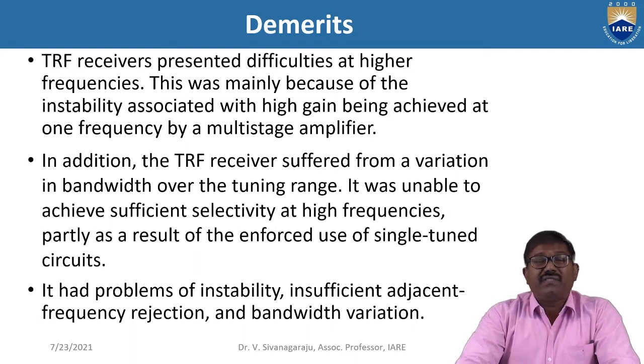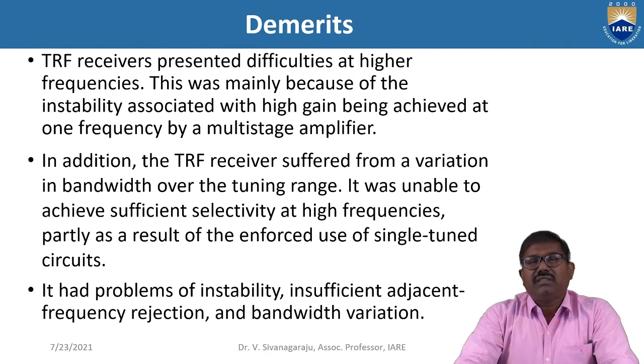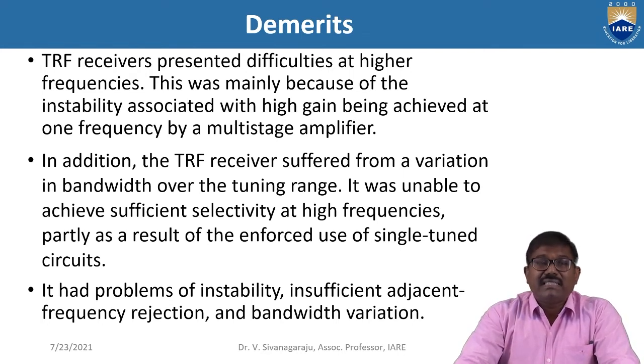You know the meaning of selectivity. Selectivity means it is going to select the desired signal. So it has poor selectivity. That's why it can't select the signal at high frequencies. So this was the important drawback of TRF. That's why we have moved to the super heterodyne receiver to overcome this drawback. What is the drawback?